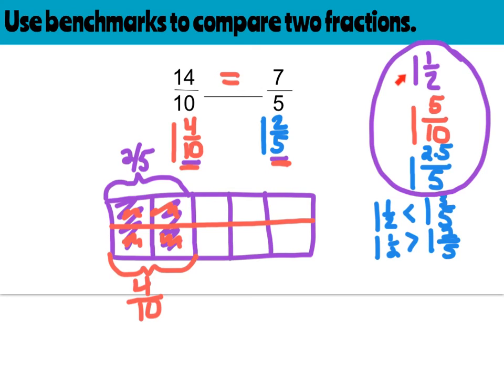They were both just a little bit smaller than 1 and 1/2, even without my number line. So I had to dig a little bit further, and that's when I was able to realize that 2 fifths is the same as 1, 2, 3, 4 tenths. So I was able to determine that they're equal.